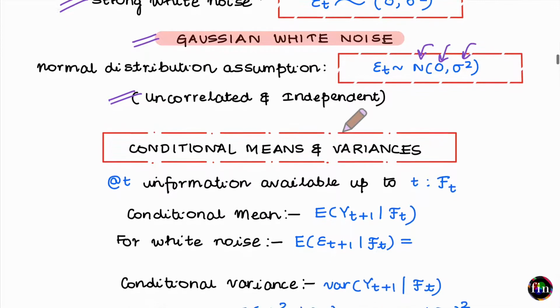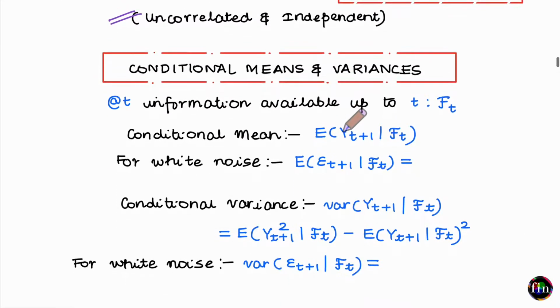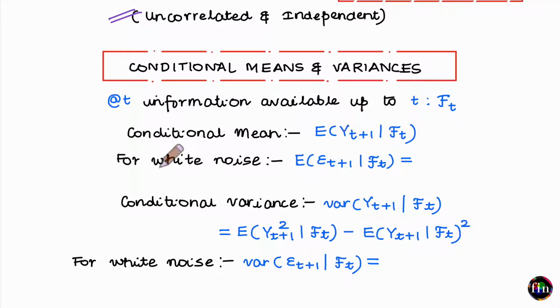Now, before we move ahead, let's very quickly get used to this measure called the conditional mean and the conditional variance. Okay, now this aspect of conditional mean and variance is basically that when I compute a conditional mean, or for that matter a conditional variance, I have to take into account the information that has been recorded till a particular point in time.